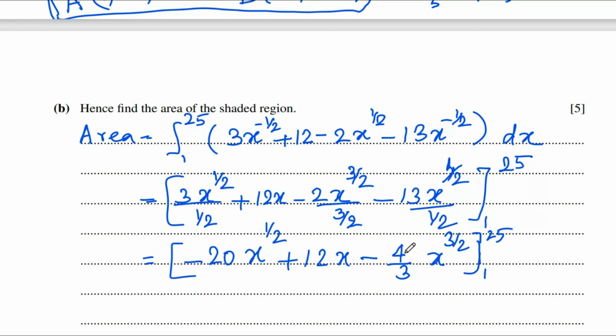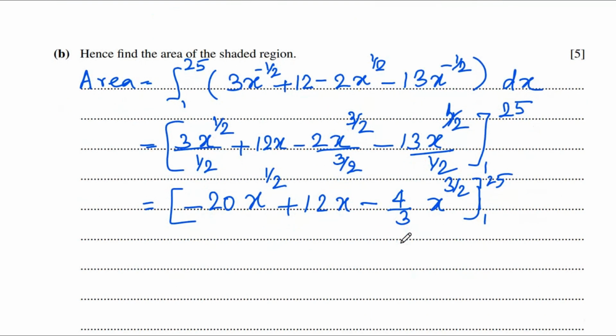Now let's apply the limit. Minus 20 times 25 power 1 over 2 plus 12 times 25 minus 4 over 3 times 25 power 3 over 2.